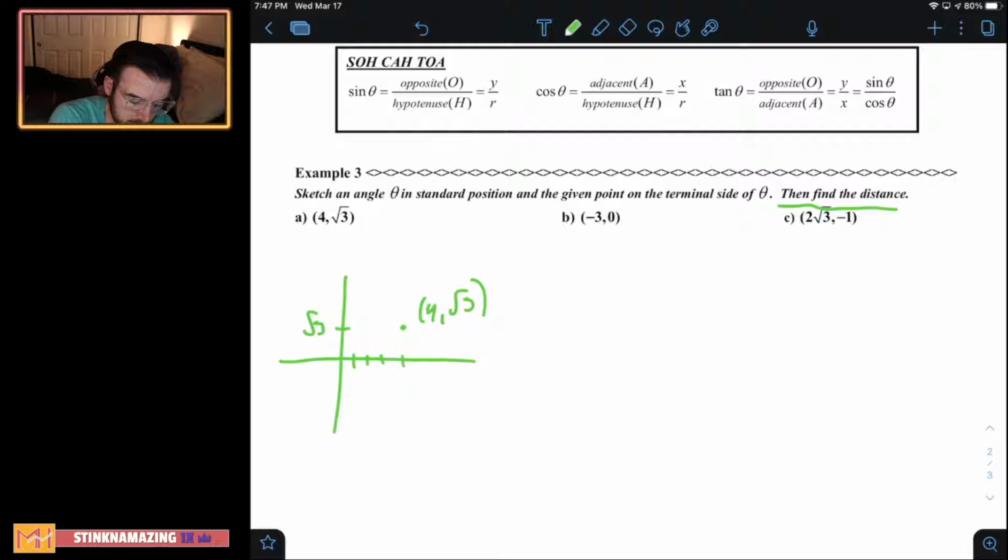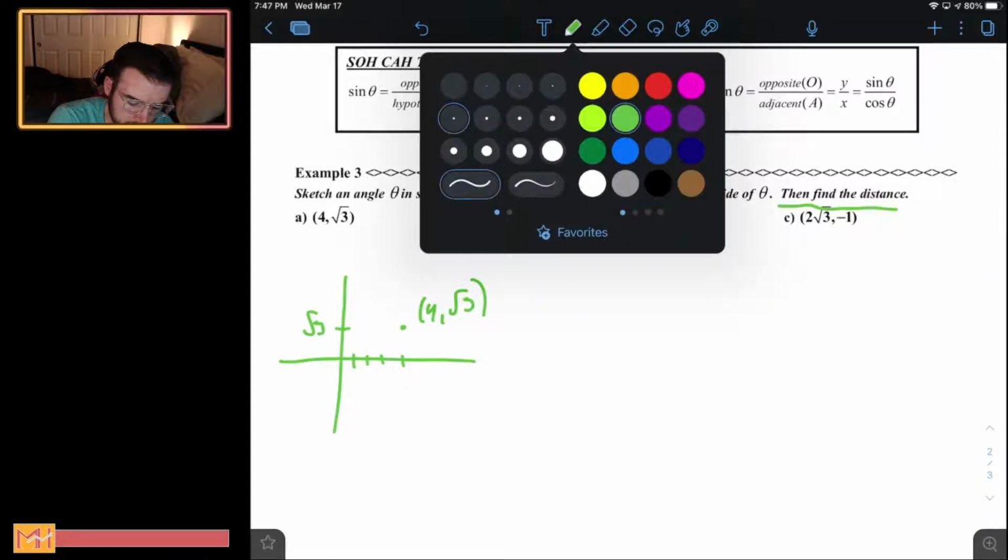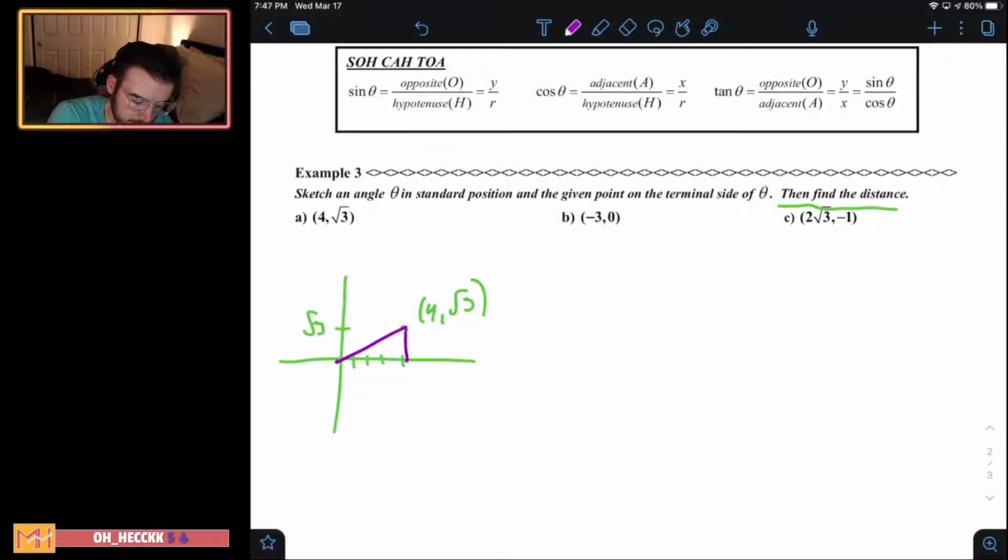Actually, let me do that in a different color so it doesn't blend in. Every single time, this is going to be 4 wide and root 3 tall. I think I'm going to do 1 or 2 of these, and if you pay attention and you do it enough times on your own, you're going to realize you don't need to really draw this. This point alone is enough information.